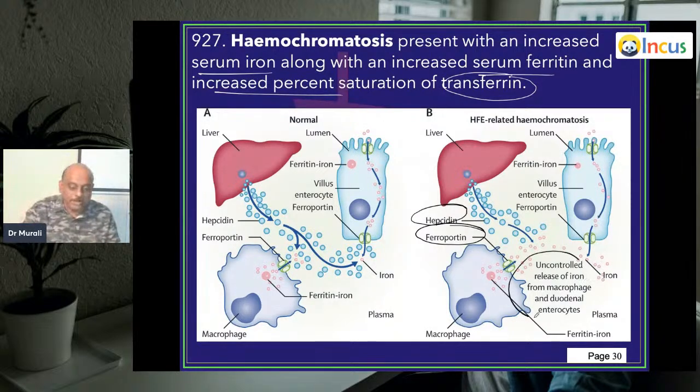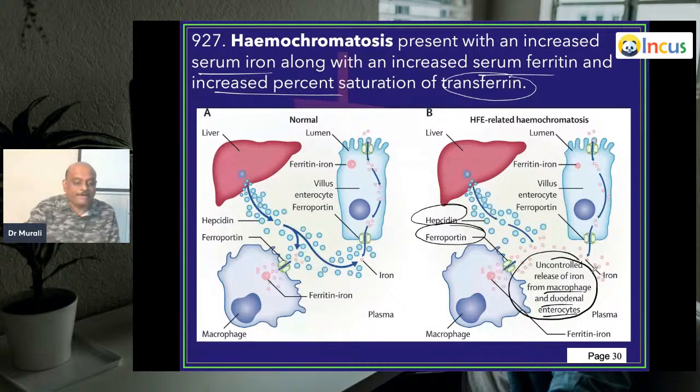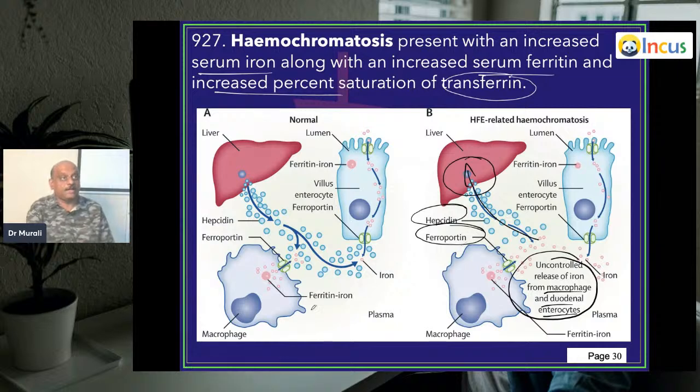So there is an uncontrolled release of the iron from the macrophages and duodenal enterocytes. Both of them release too much iron, and typically that leads to iron overloading, is what you need to remember. That is what happens in hemochromatosis, and that is called what? Primary hemochromatosis. That means there is a secondary hemochromatosis also.